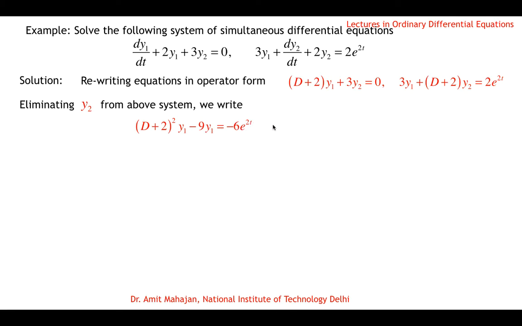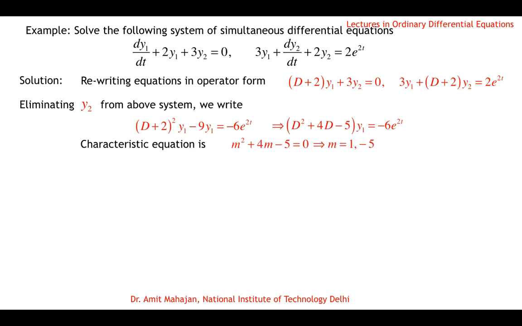And then we can solve the left hand side to write that it is D squared plus 4D plus 4 minus 9. So this equation, D squared plus 4D minus 5 operated on y1, is equal to minus 6 e^(2t). So now it is a second order non-homogeneous differential equation. We have to find both the complementary function and the particular integral. For the complementary function, we first calculate the characteristic equation, which is m squared plus 4m minus 5 equal to 0.